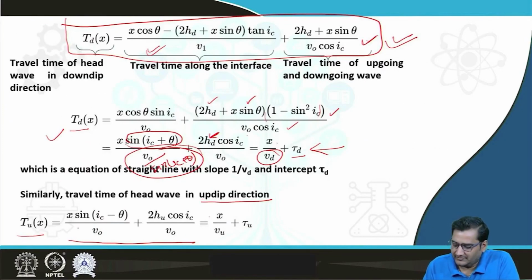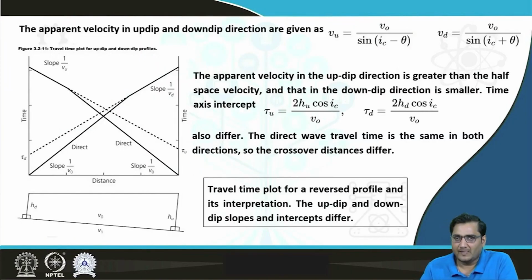Now TUX will be equal to x sin(IC minus theta) by V naught plus 2HU cos IC by V naught, that will be equal to x by VU plus tau u. So this tau u is the intercept time. Now you can think about whether tau d and tau u are equal to each other or different from each other, that we will see in just a while.